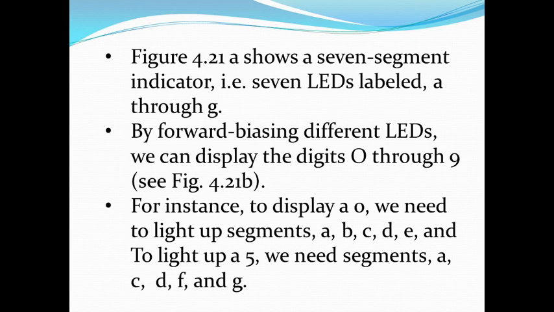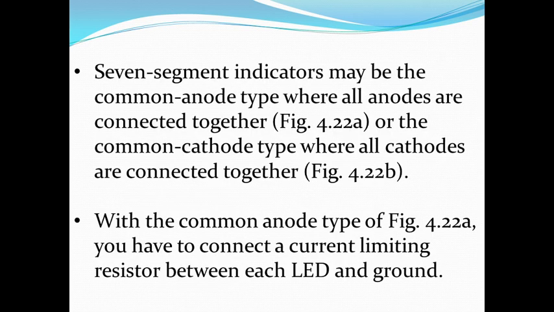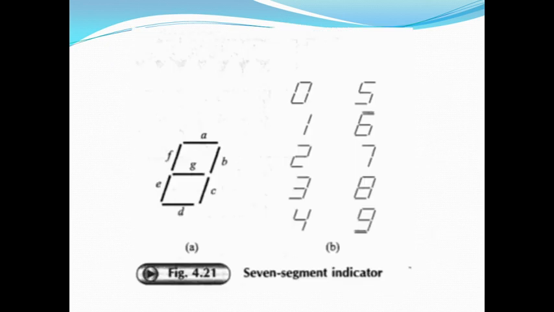For instance, to display a 0, we need to light up segments A, B, C, D, E, and F. To light up a 5, we need segments A, C, D, F, and G. So certain segments of the LED light up, and corresponding to that, a particular decimal number is displayed.